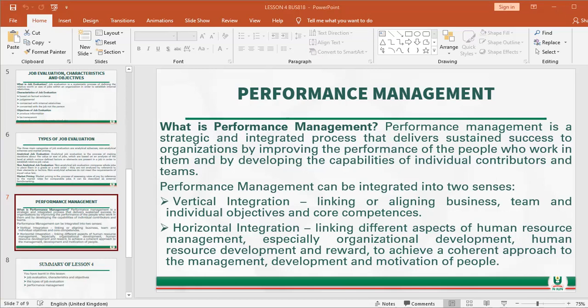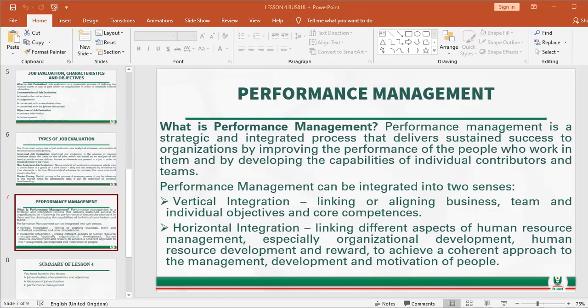When we talk about performance appraisal integration, we are talking about the way in which performance appraisal can actually be looked into. For instance, we have the vertical integration and the horizontal integration. The vertical integration actually talks about linking or aligning business, team, and individual objectives and core competencies. That's what the vertical integration is talking about.